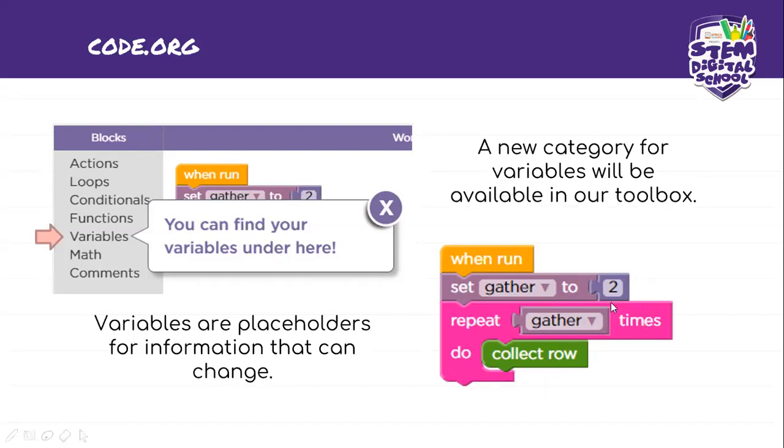Or if we use it in a directional block where we have to turn, it will be turn 2 degrees. So it is just a value. The unit will still be determined by the block we use it in. Okay, so whether it's times, degrees, pixels, that is determined by the block we use it in. So the variable will only be a value.